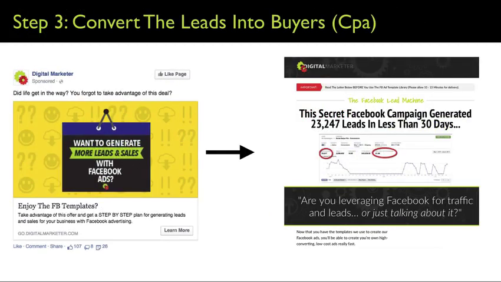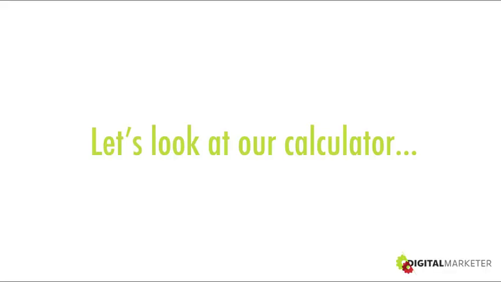Then we have a third retargeting campaign, making sure that people who opt in and didn't immediately take the next low dollar offer in our marketing funnel are pointed back to the sales page. We have to take into account that cost too.